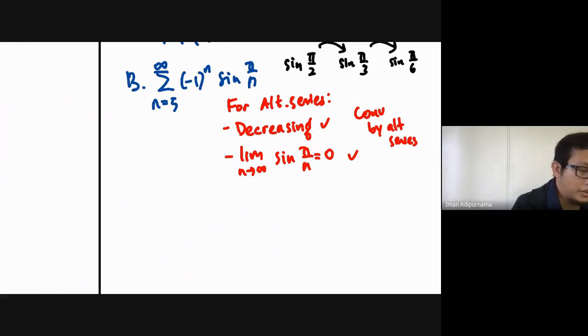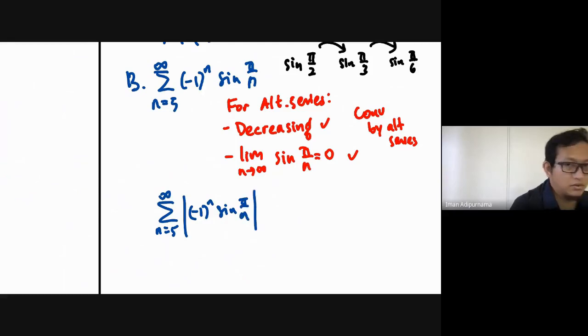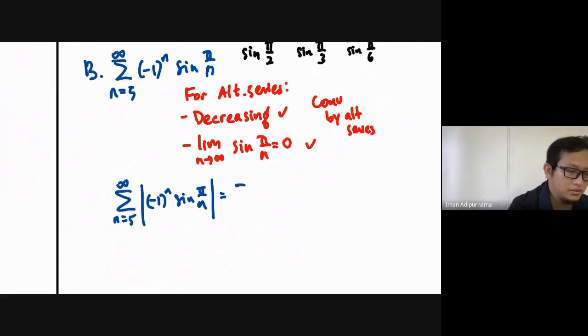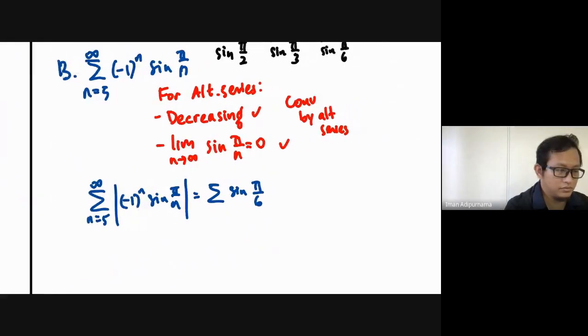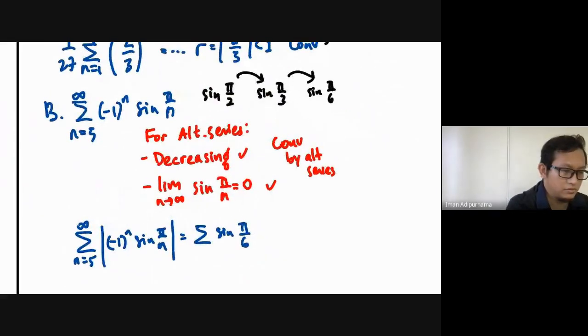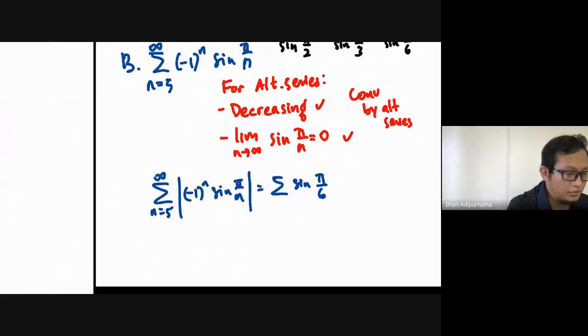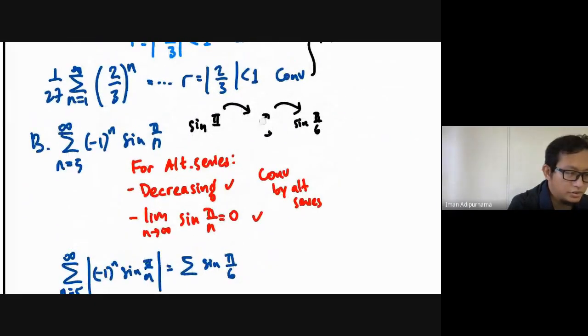Now we need to check the absolute value for this case. So we only have sine. Oh, I think we need to start with 5, sorry. So it should be 5.